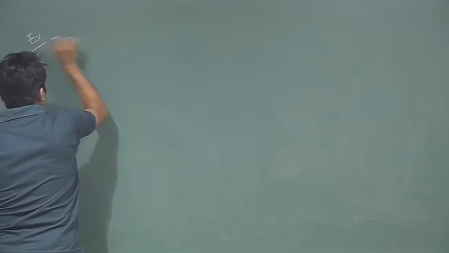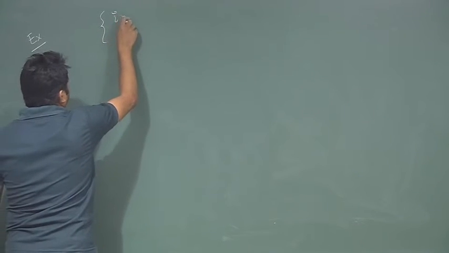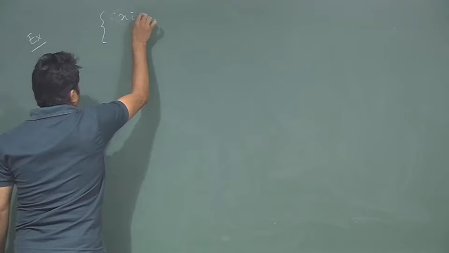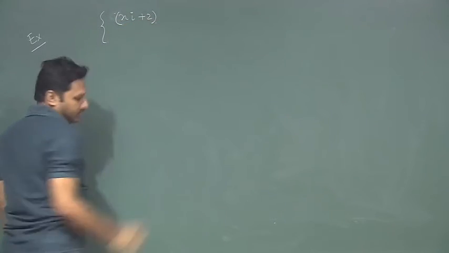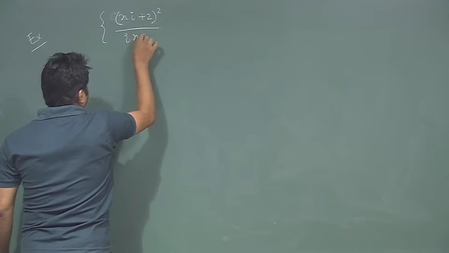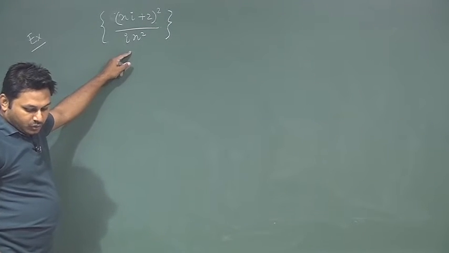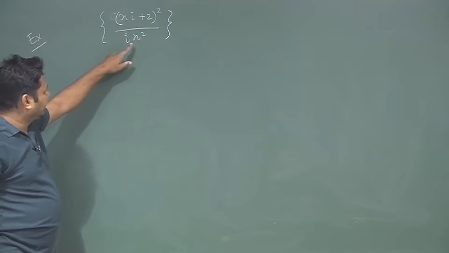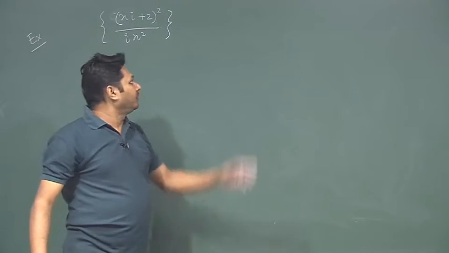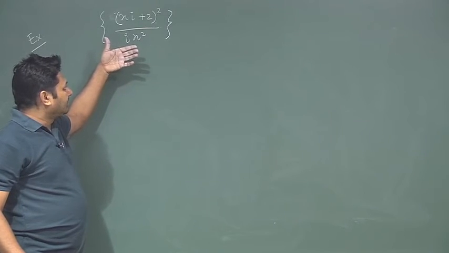So, next is this example: (n i plus 2) whole square divided by i n square. Let me check it is correct or not. Yes, n i plus 2 whole square, and then i n square. So, we need to find out whether this sequence is converging or not.